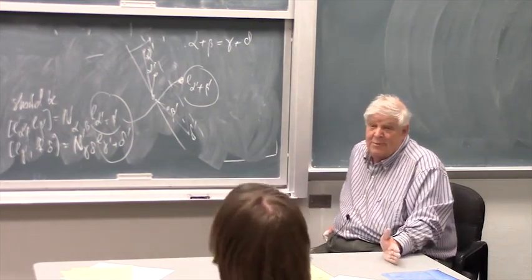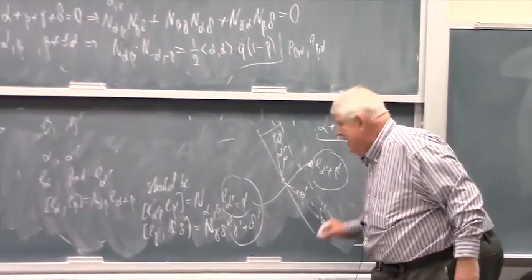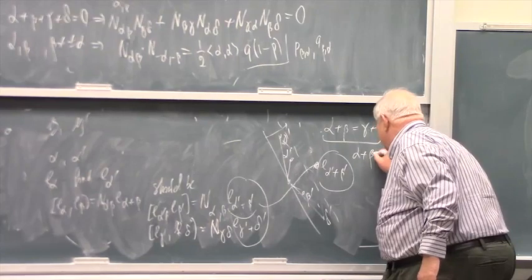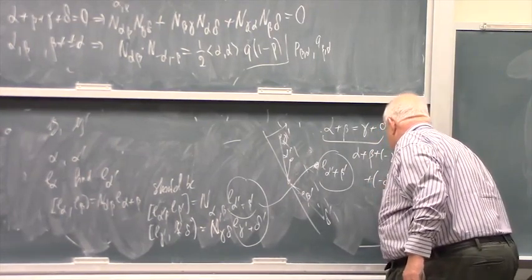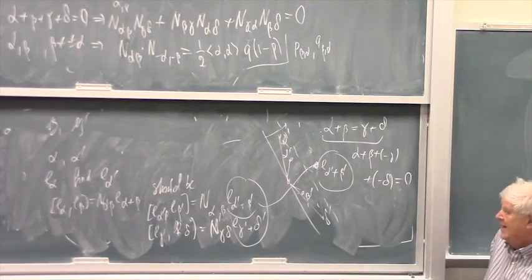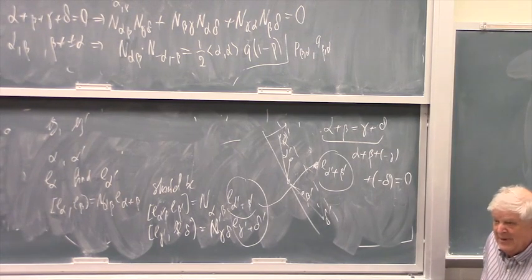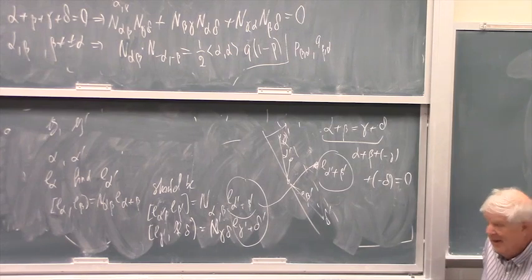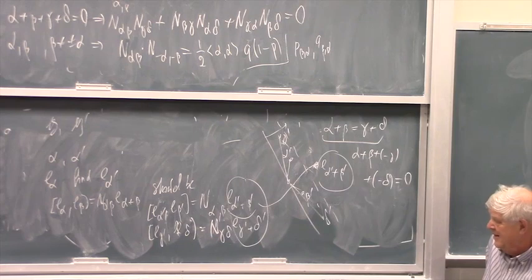What to do? Obvious. You see, if really we have this equality, then we have alpha plus beta minus gamma minus delta is 0, right? So these numbers, n alpha beta and n gamma delta, are not precisely unrelated. There is a relation which involves both n alpha beta and n gamma delta.